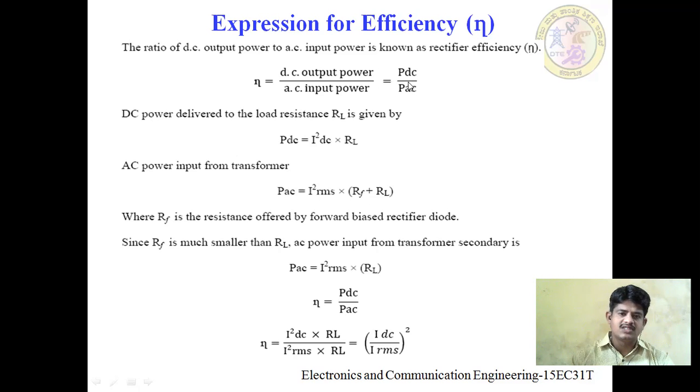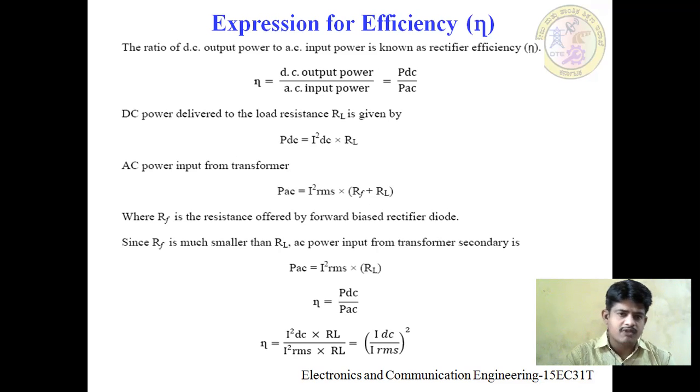Now we are going to understand what P_DC and P_AC are in the circuit. The DC power delivered to the load resistance R_L is given by the following. So now we take the value of P_DC, the power in the output of the rectifier. Power can be calculated using the current and resistance. The DC output current will be I_DC, and the resistance will be the load resistance R_L.